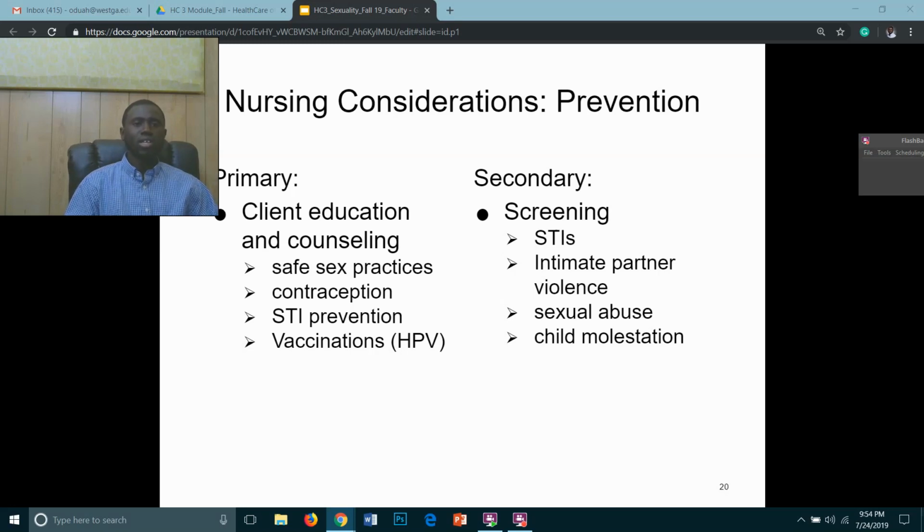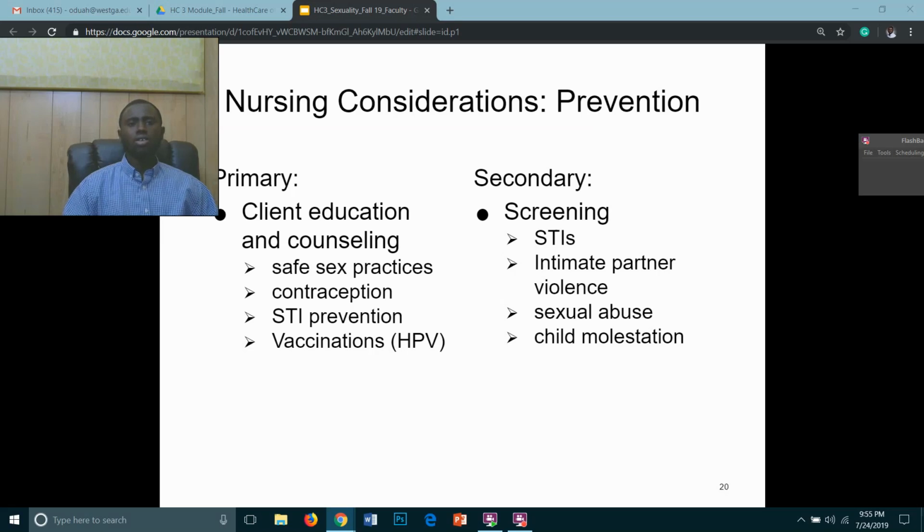Secondary prevention includes screening for STIs during a well-check visit or a visit to the prenatal clinic or to any other clinic. There are many pop-up clinics that will do STI testing for free, and so you as the nurse will have to encourage the patients to test for these.